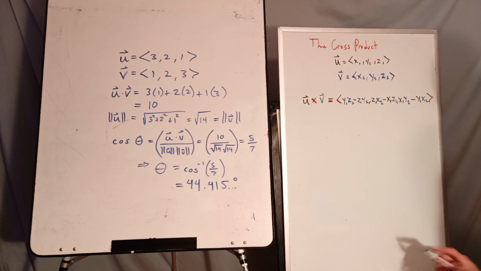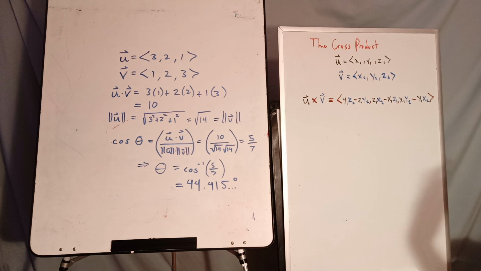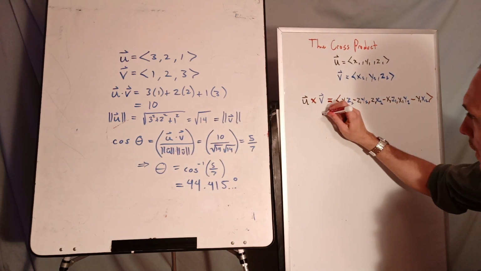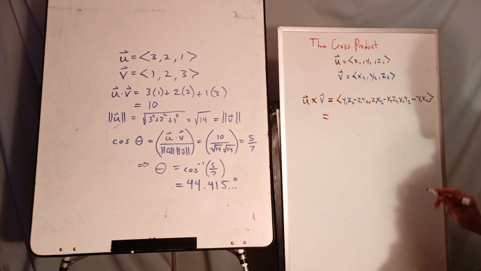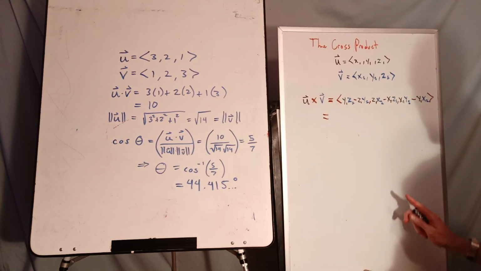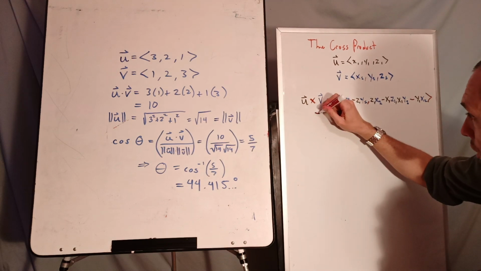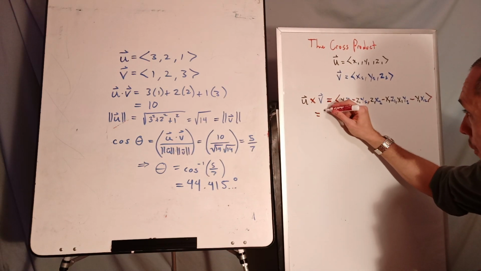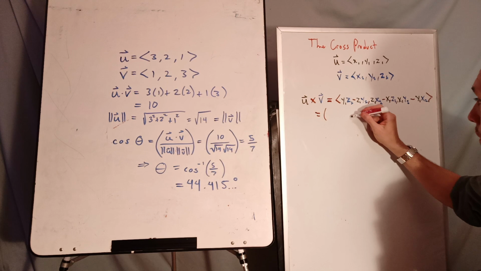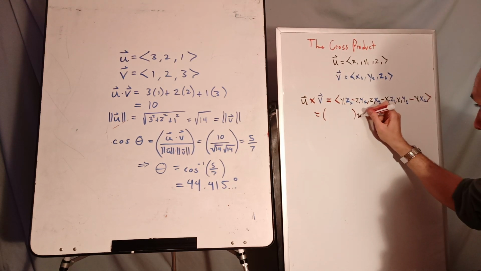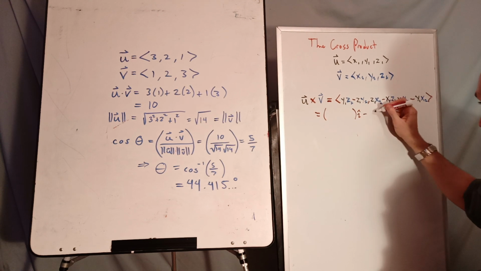But before we move on to that, let's just write it in basis vector form. And I'm going to write it a little bit differently than these coordinates because I want this to line up with another way that we're going to write the formula later. That is with the determinant mnemonic for the cross product. So let me write these basis vectors.